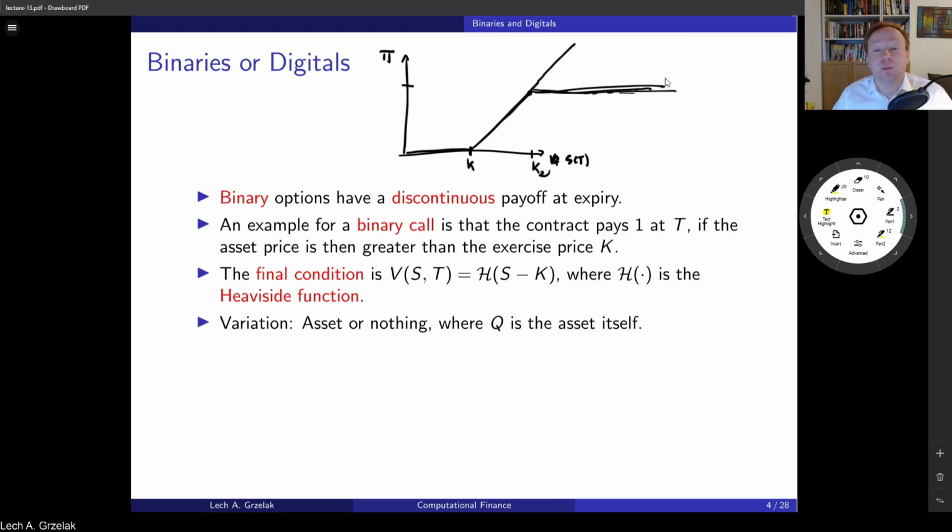By this kind of simple adjustment to a payoff, we can significantly reduce the value of a derivative. If you think of a distribution, say a normal distribution for a stock, on the right hand side we see this tail, which could be very heavy.